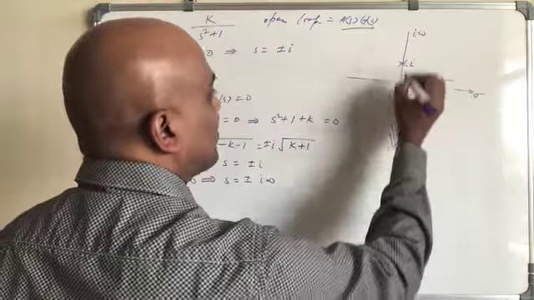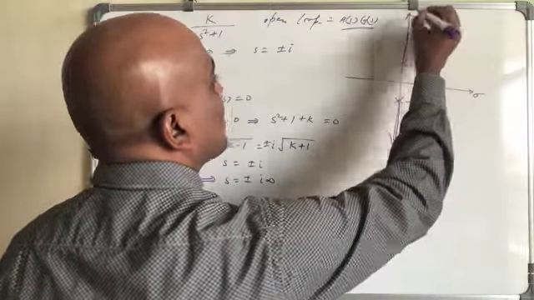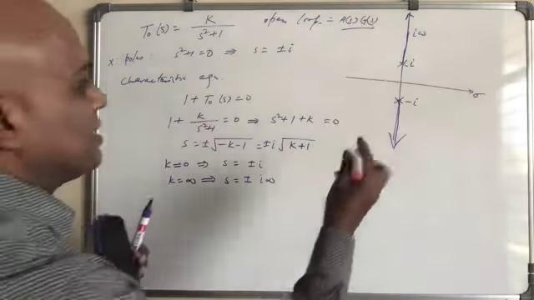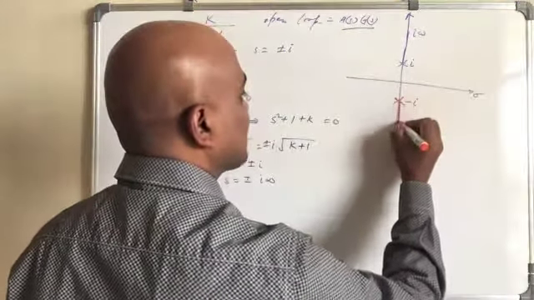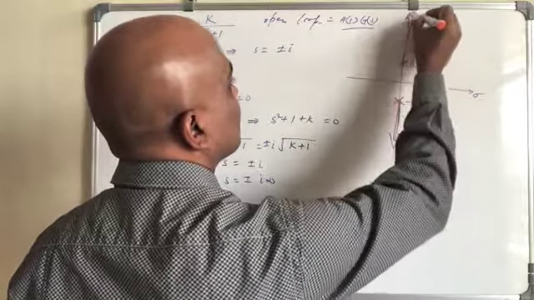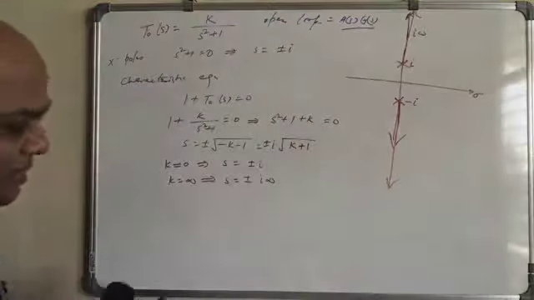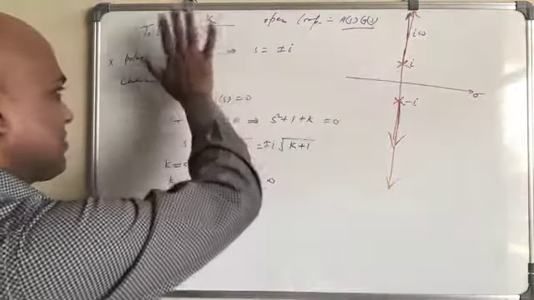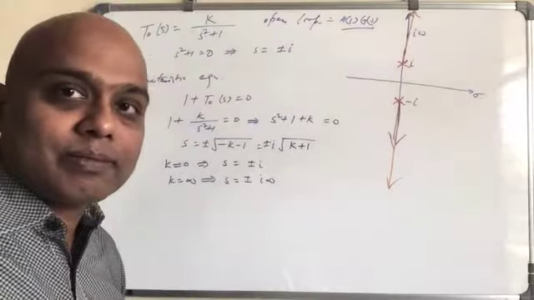It will start from here, cross, and go upward like this. In other words, it starts from here and moves this way. So this was the root locus for this open loop transfer function.